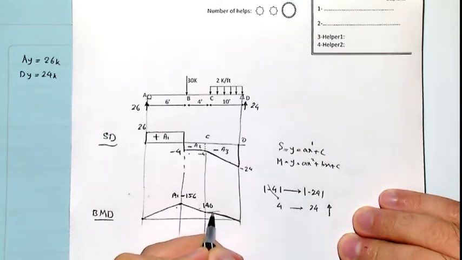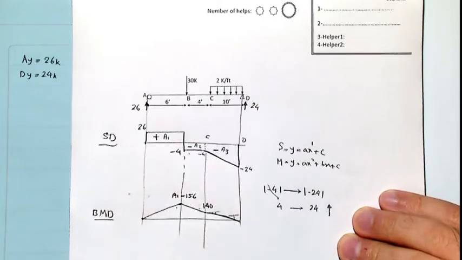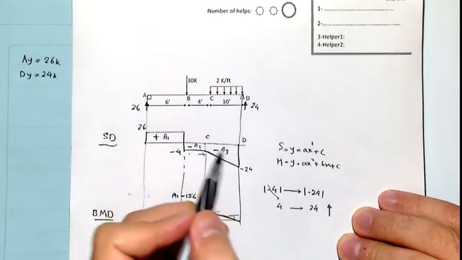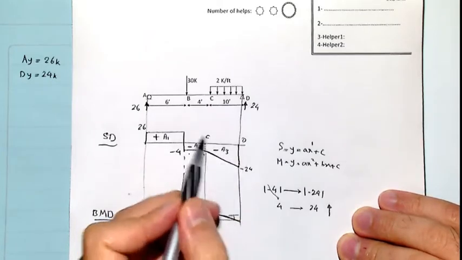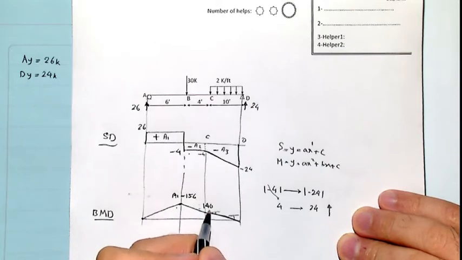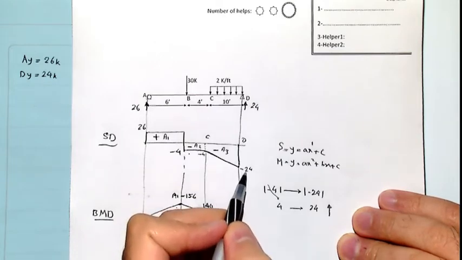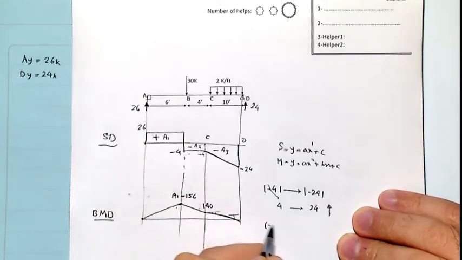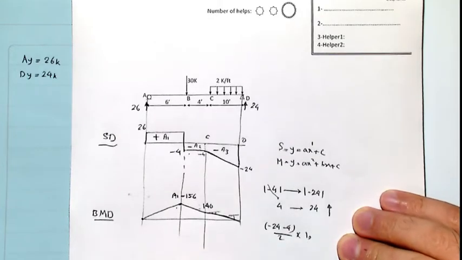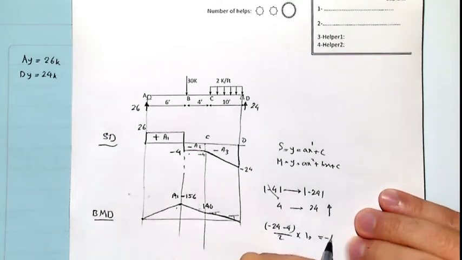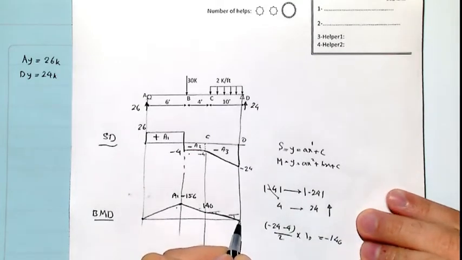As you see, the angle here is much less, so it's increasing. And it's trapezoidal, so we just have to calculate this area and add it to 140: -24 and -4 divided by 2 multiplied by 10. If we calculate, this one would be minus 140 plus 140, and we're going to reach 0.